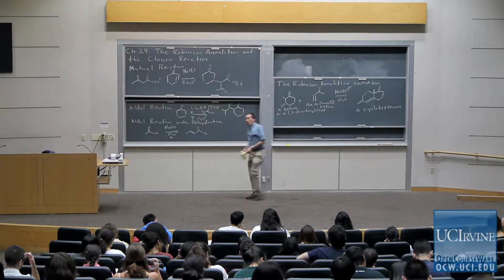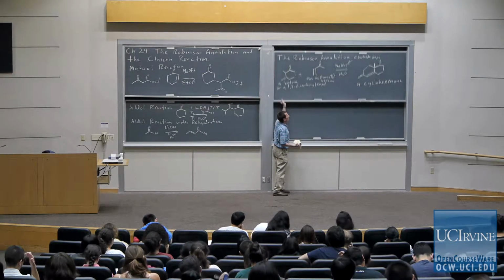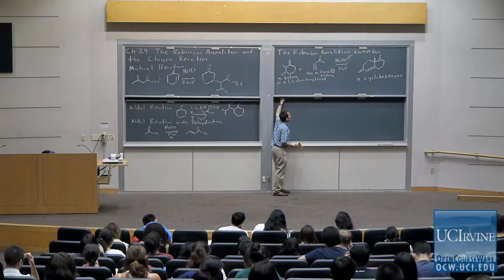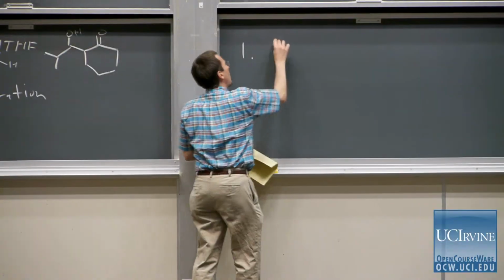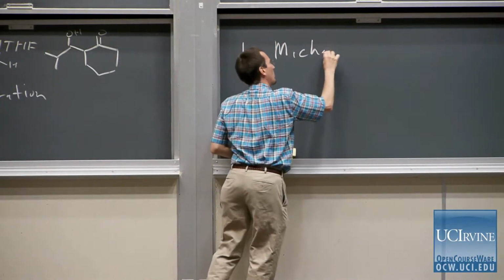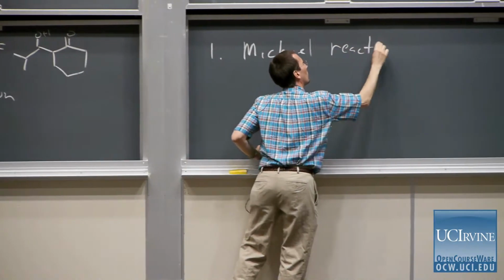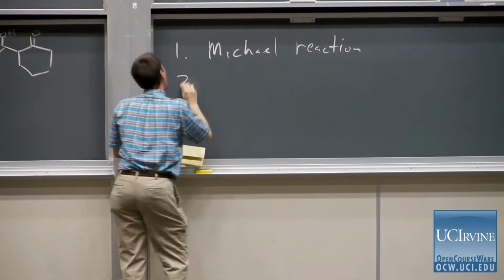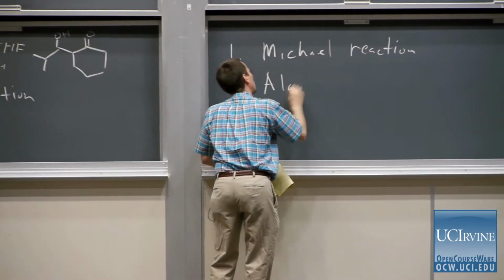All right, so what's going on here, we're going to break this out in just a moment, is 3 different reactions in sequence. So the first reaction is a Michael reaction or Michael addition. The second reaction is an aldol reaction.